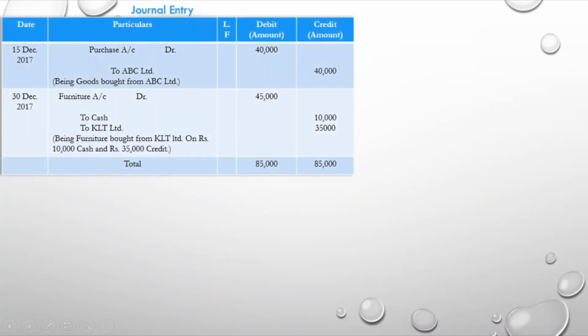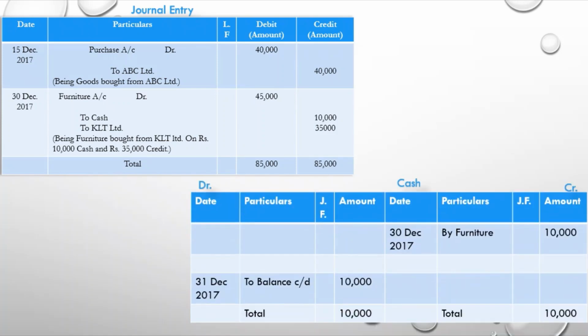And the same way for cash, we have to post the entry into the ledger the same way as the furniture amount, because we have paid cash 10,000 only. So here on the By side, furniture will be recorded with 10,000 rupees only, because we have expended 10,000 only, and closing will be done by balance CD on the last date of the month.